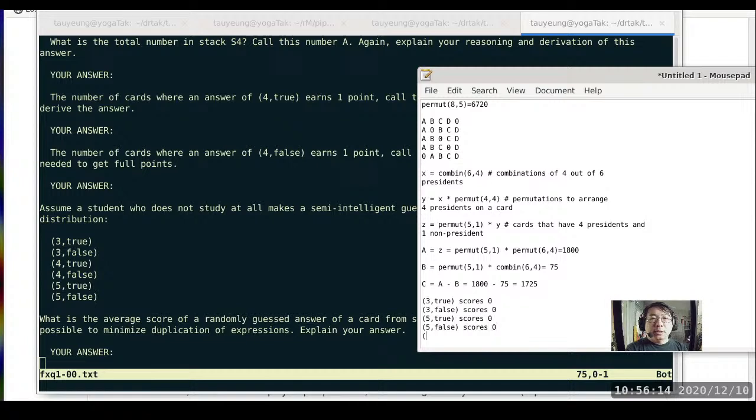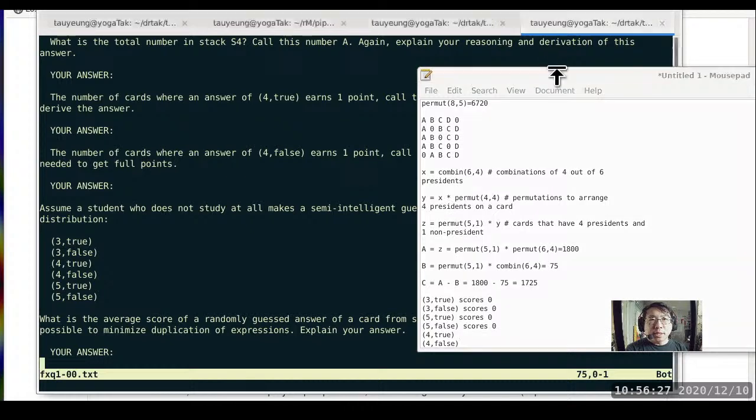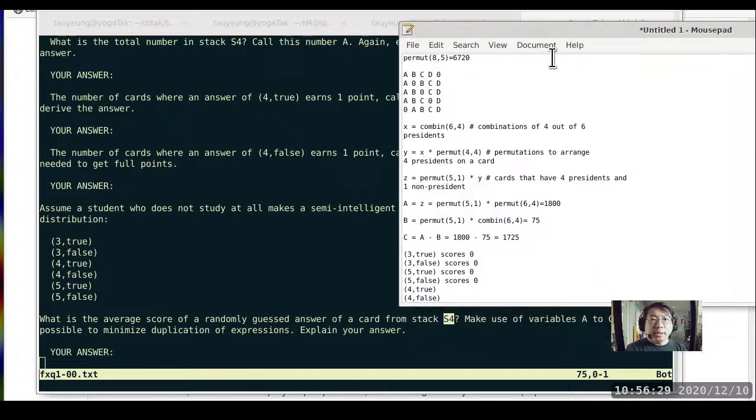The only 2 answers that may be right are a 4 true and a 4 false. Between these two, we actually have to figure out the probability of when it may be right and when it may be wrong. But we got that calculated already. That's why we had the calculations of A, B, and C.